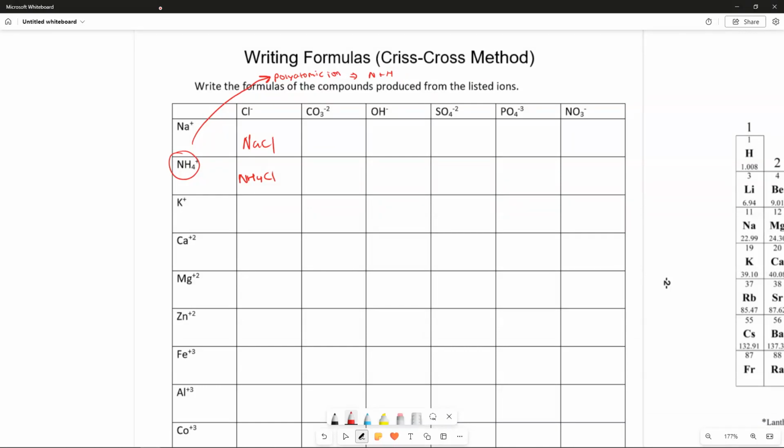And note that because it's a polyatomic, you do need parentheses when you have more than one. But in this case, we only needed one of the ammonium. So you're not going to put NH4 in parentheses without any number here.